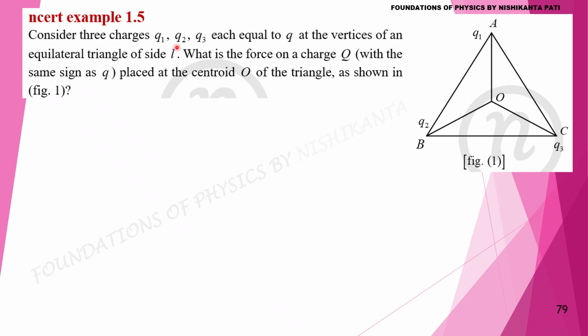Consider three charges Q1, Q2, Q3 each equal to Q at the vertices of an equilateral triangle of side L. What is the force on a charge Q placed at the centroid?